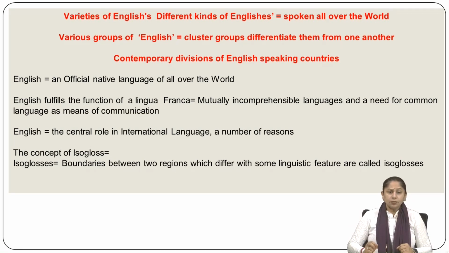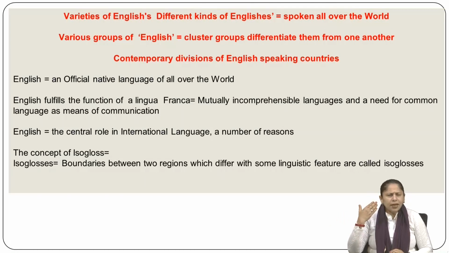English has a central role as an international language, for a number of reasons. Of course, because of the colonial powers, and previously there were many different vernacular languages, but English is the only language that conquered in the African countries and the Caribbean countries, because of their colonial imperialistic role.